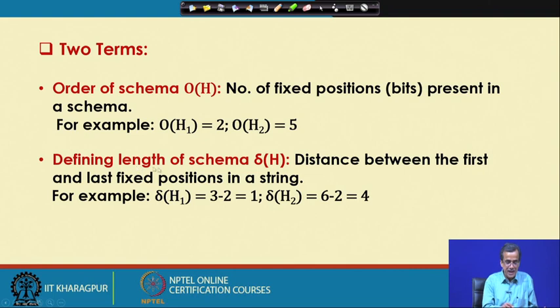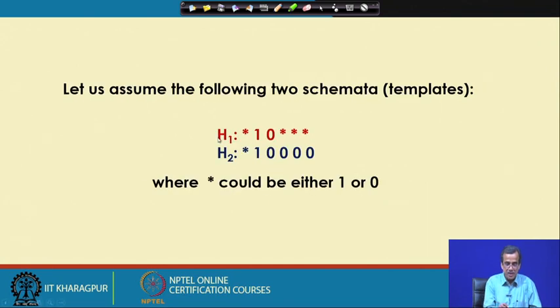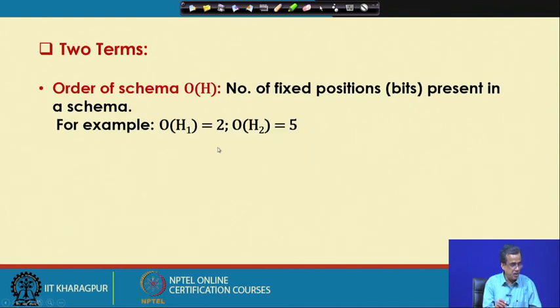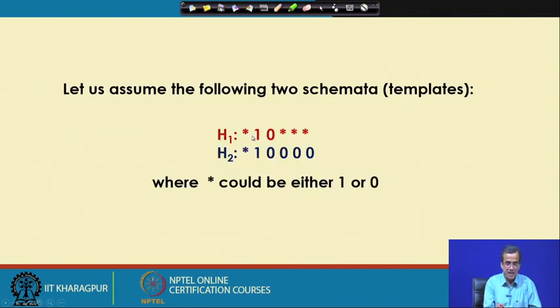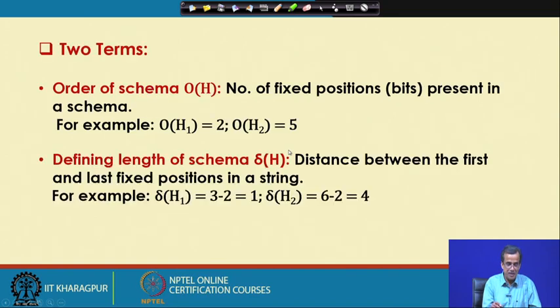We define another term, called the defining length of a schema, that is delta H, and delta H is defined as the distance between the first and the last fixed bit positions in a string. Now, if you see H1, this is the last fixed bit position and this is the first fixed bit position. So, the defining length is 3 minus 2, which is equal to 1.